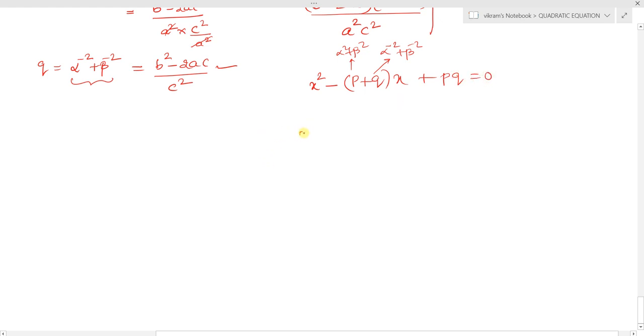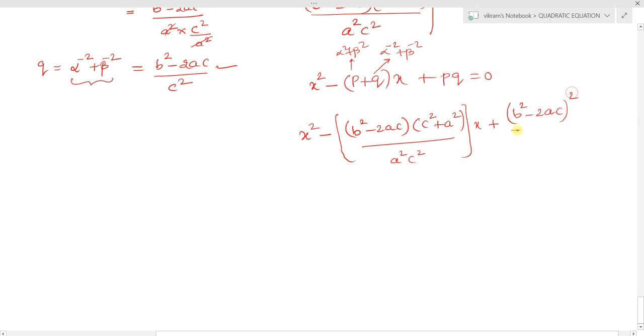Now substitute the values: x square minus the sum we obtained, alpha square plus beta square plus alpha power minus 2 plus beta power minus 2, which is (b square minus 2ac) into (c square plus a square) by (a square c square), into x, plus the product of the roots, (b square minus 2ac) whole square by (a square c square), equals 0.